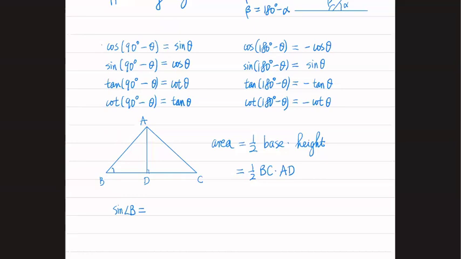We have a right triangle over there. So sine will be the quotient of the opposite side over the hypotenuse. Multiply both sides by AB. And we plug this into the area formula.